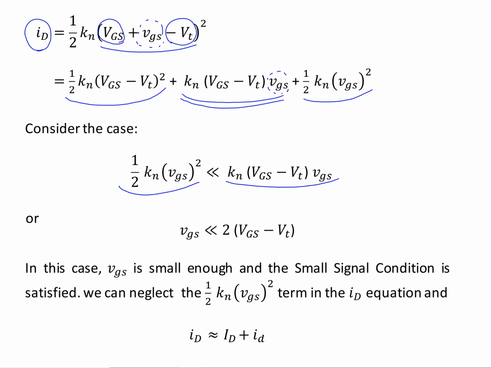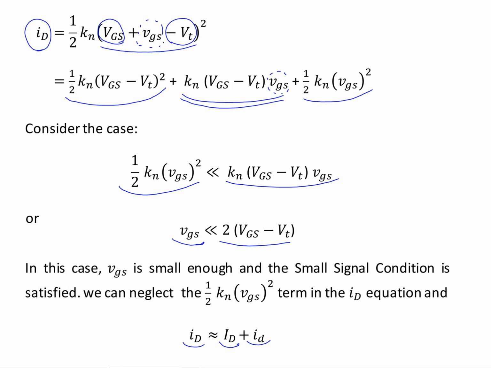Then I'm going to have only 2 terms in my instantaneous iD equation, which I can write in terms of the DC part, uppercase I with subscript uppercase D, and the AC part, lowercase i with lowercase d, of my total instantaneous drain current. And this is going to happen if the AC gate to source voltage is much smaller than 2 times the overdrive voltage.